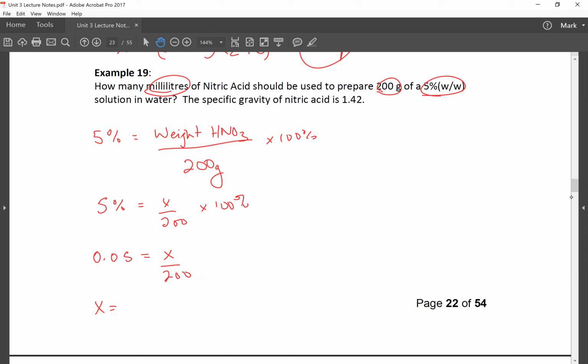X will be 0.05 times 200. So I should know this in my head, but I'm tired. I just had a class at 7:30, so I'm just going to do my calculator, and I get 10 grams. Okay. Now, I have 10 grams of nitric acid.